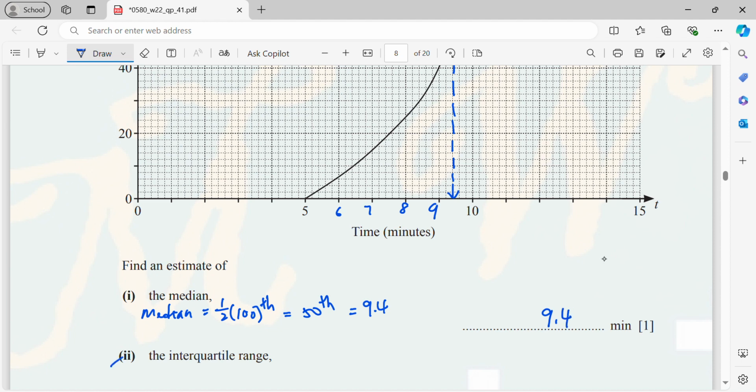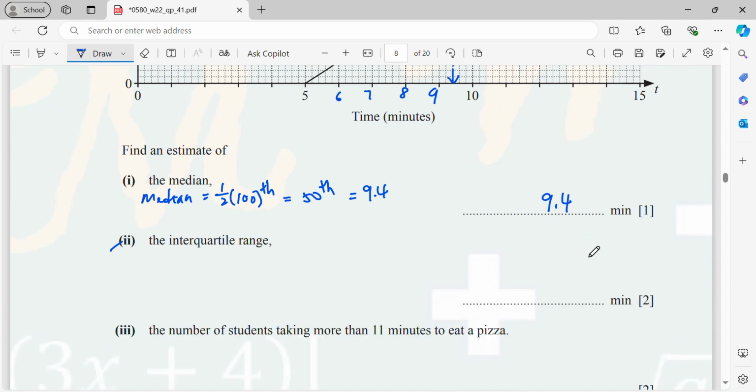Now part 2, interquartile range. For the interquartile range, we need to find the Q1 and Q3. Q1, first quartile or lower quartile, is 1 over 4 times 100. That is the 25th value. So now refer to the graph.